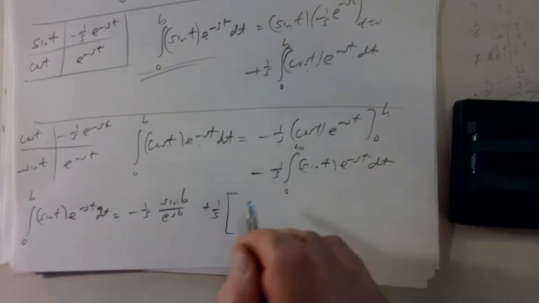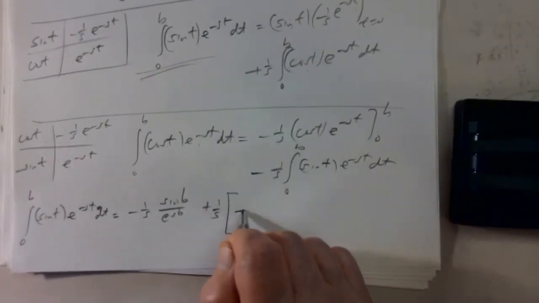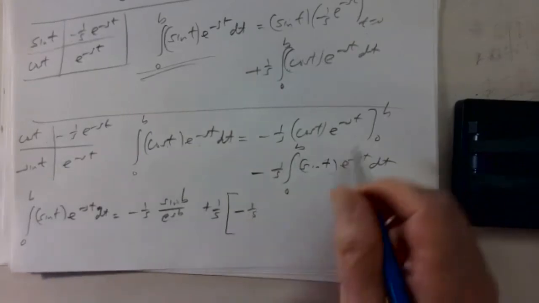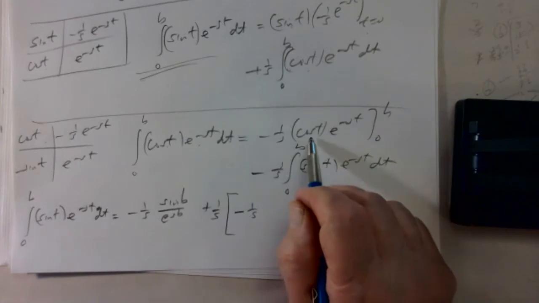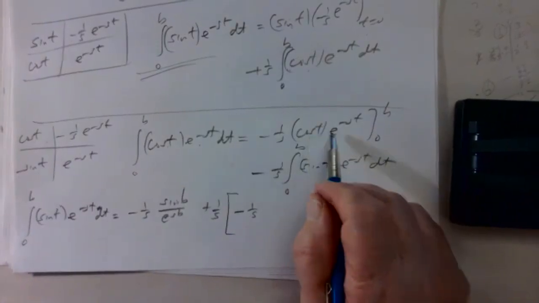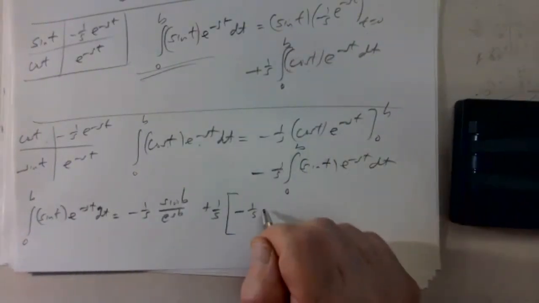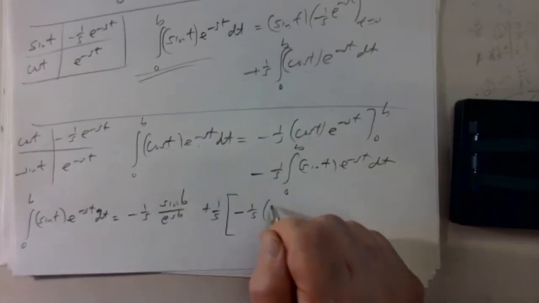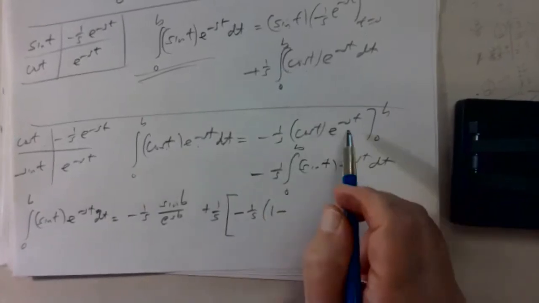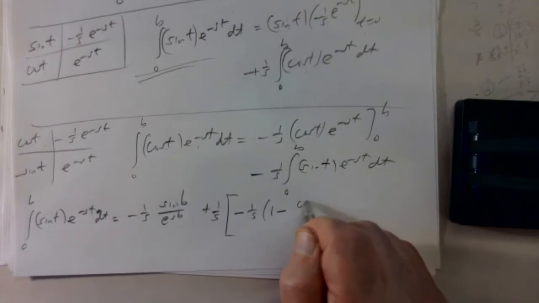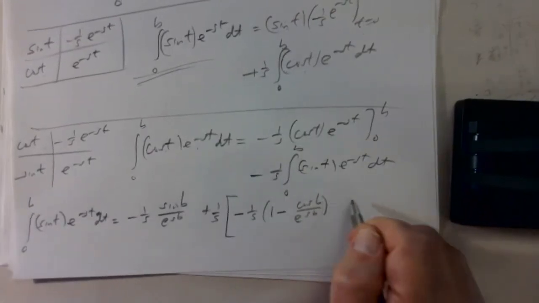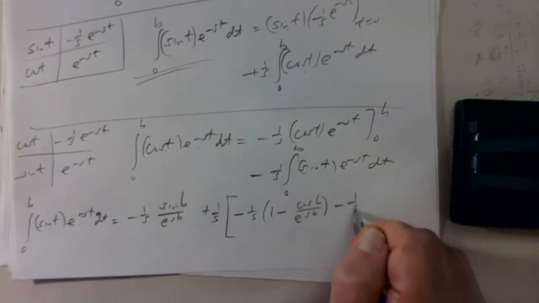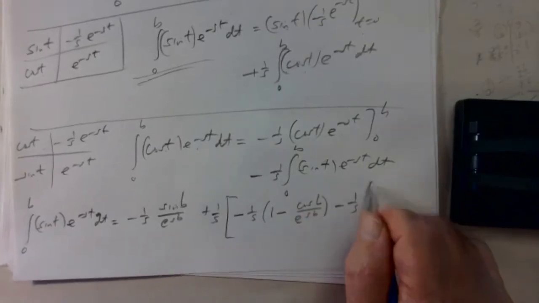So that's minus 1 over s. When t is 0, cosine of 0 is 1, e to the 0 is 1. So minus 1 over s, 1 minus cosine b over e to the sb, minus 1 over s times the same integral.